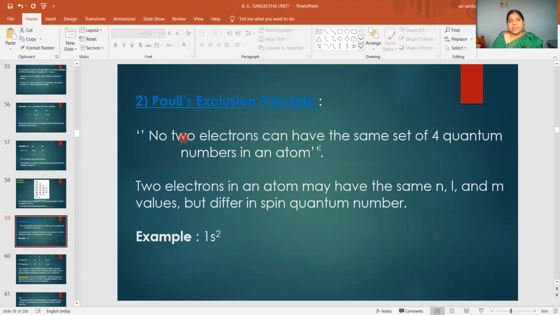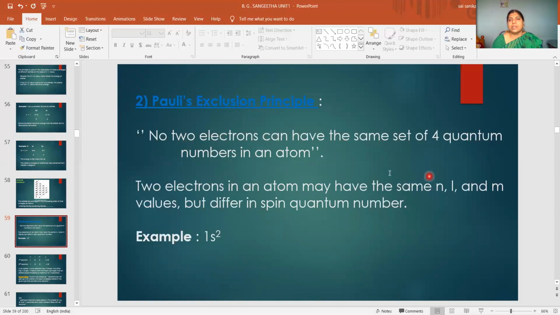What is the statement given by Pauli's exclusion rule? No two electrons can have the same set of 4 quantum numbers in an atom.